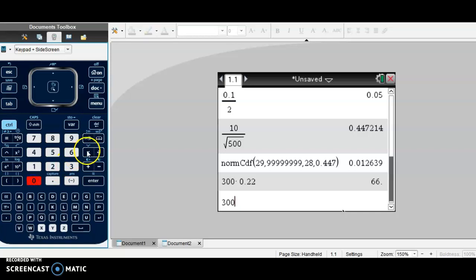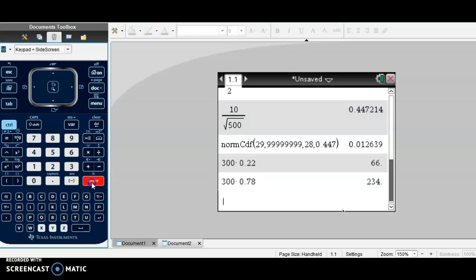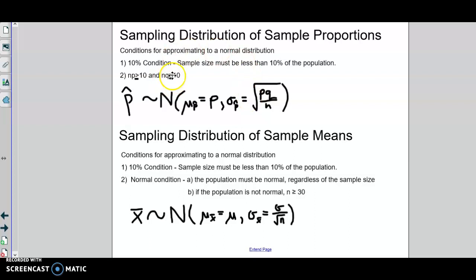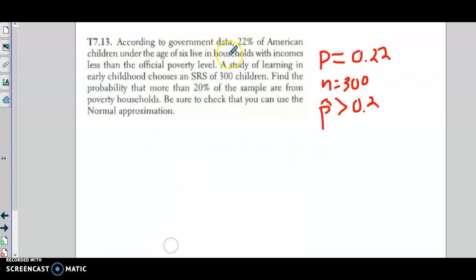And 300 times 0.78, I get 234, so I'm definitely satisfying that normal condition. And then my other condition, the 10% condition: 300 children is less than 10% of all American children for sure. So I met those conditions.